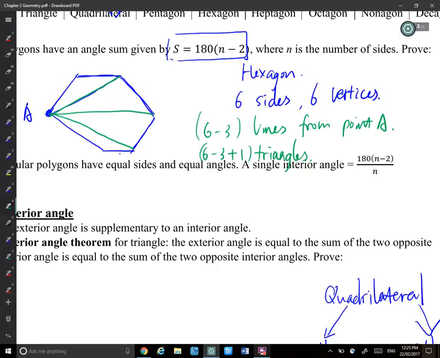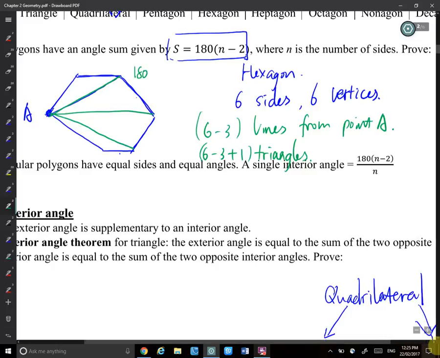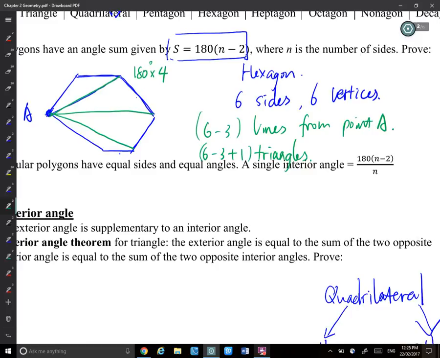What's the angle sum of a triangle? It's 180 degrees. There are 4 triangles, so the sum of all those angles will be 180 degrees times 4.